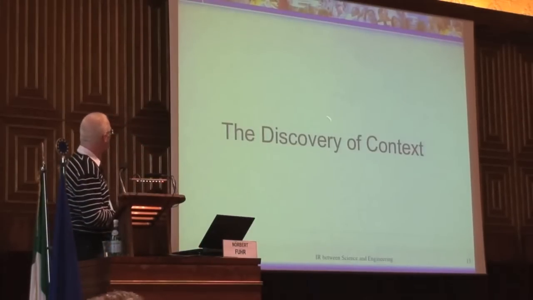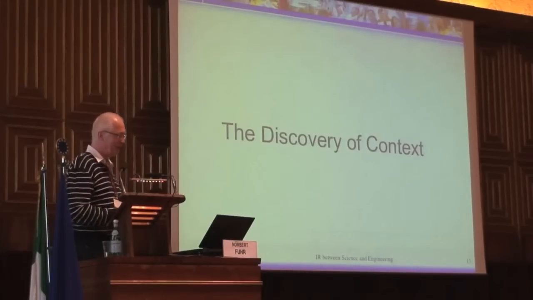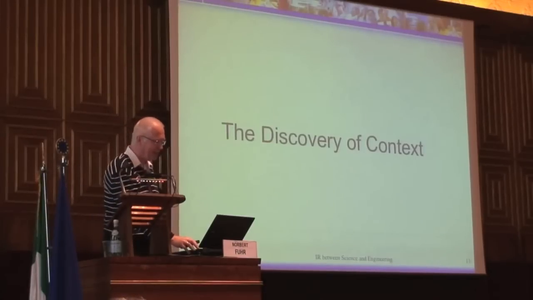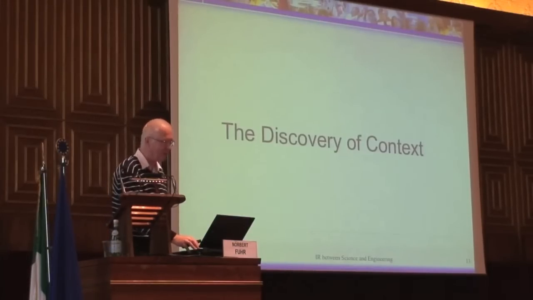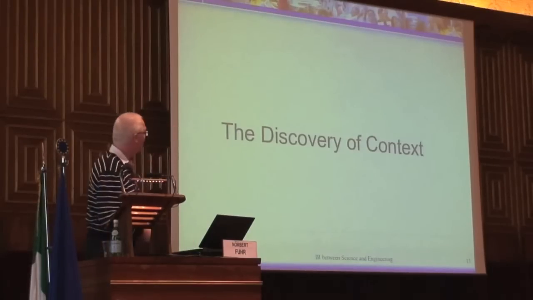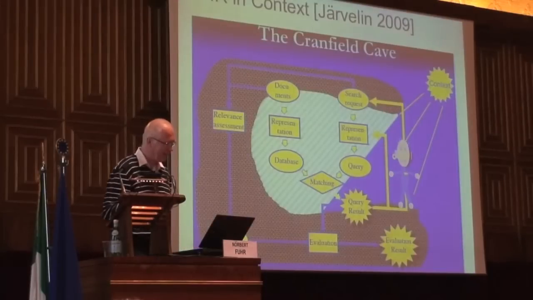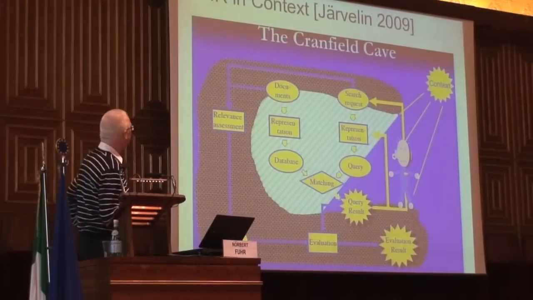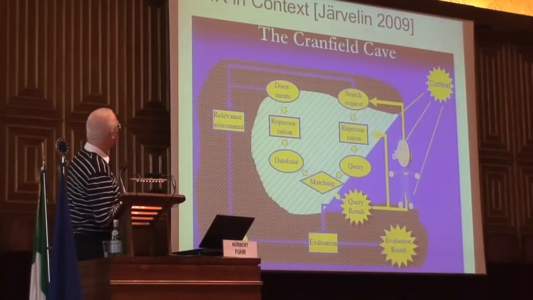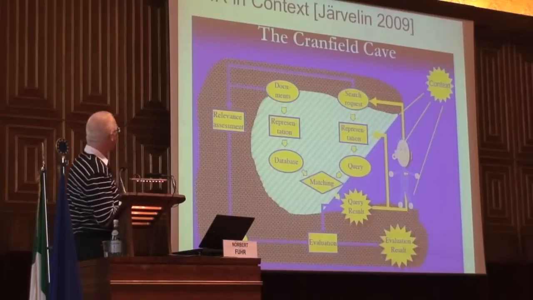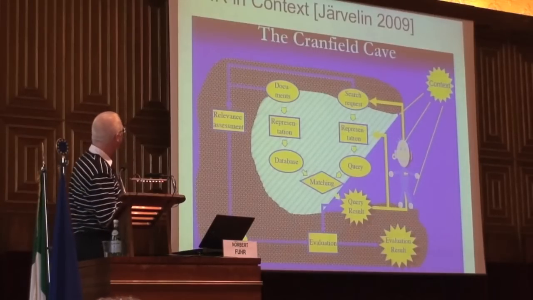Of course, so far we have only followed a very system-oriented approach, with the exception of the last slide. Now, for some years, there has been some discussion about introducing context. There are two conferences dealing with context in information retrieval. And here I'm using a slide that Kalervo Järvelin presented last year at the Dagstuhl workshop, describing the current situation.